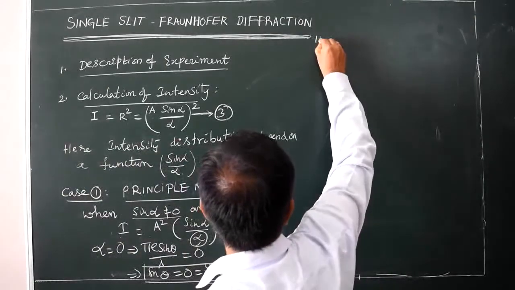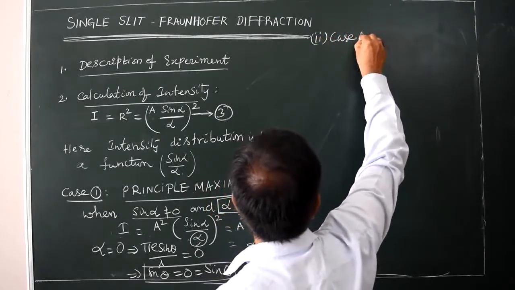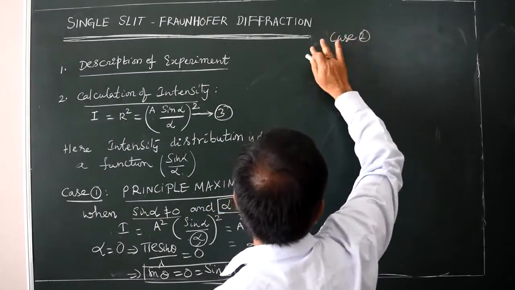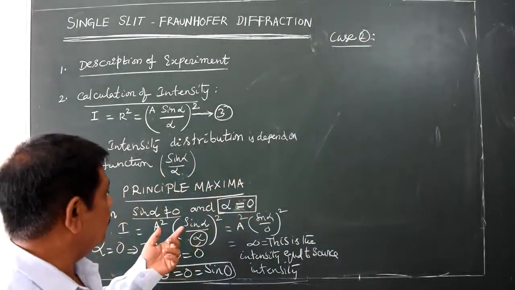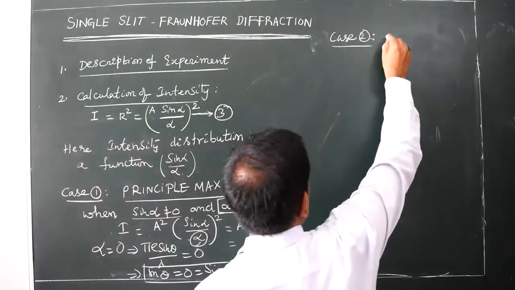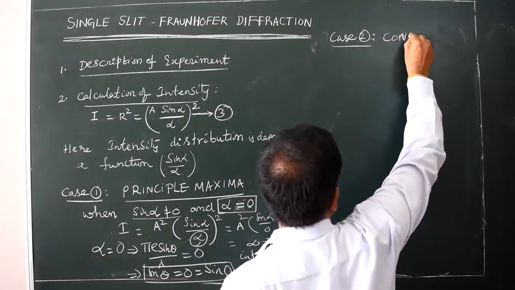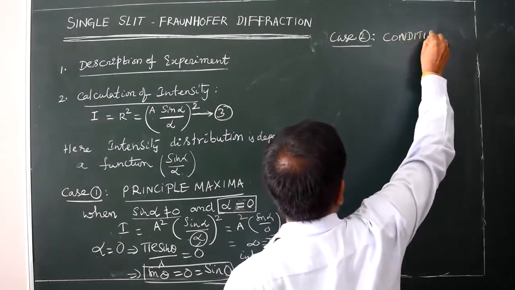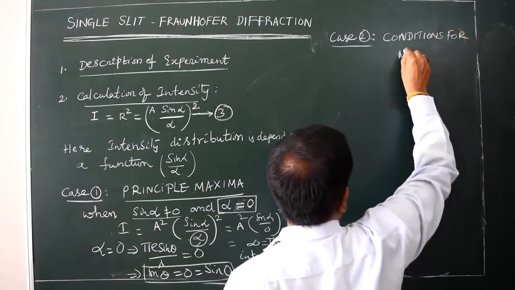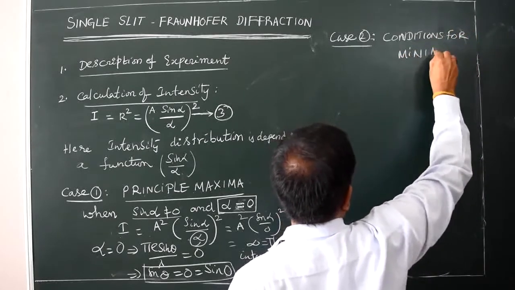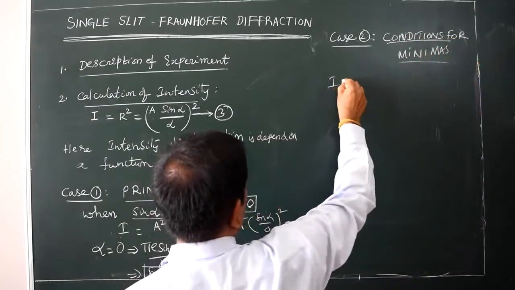Next, case 2. The case 2 represents the condition for minimum. Minimum means the intensity should be equal to 0.